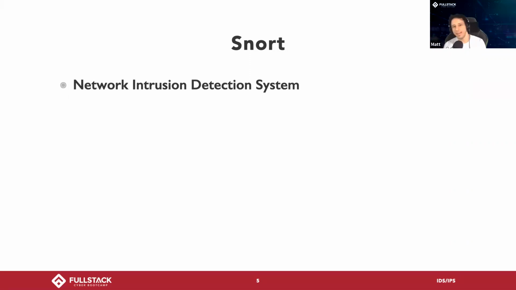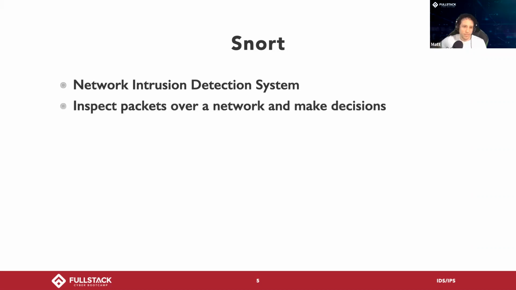Some of them are paid, but most of the rules are free. And there's also a whole bunch of organizations that post rules for different IDS and IPS systems, so you can be up to date in your SOC or in your organization. The example I'll give you is FireEye putting out a whole bunch of Snort rules for detecting SolarWinds IOCs.